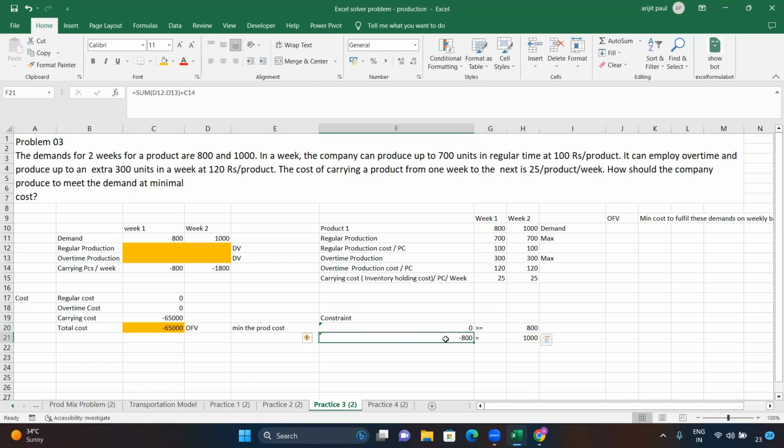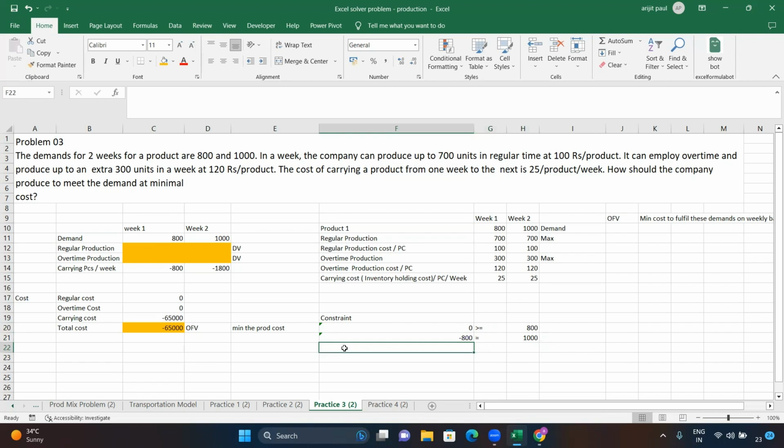But in the second case, we do not have any problem for week 3 and week 4. So we are considering week 2 as the final week where we need to do the production planning. So that is why we have mentioned here equal to 1000. 1000 is what? The demand of week 2.